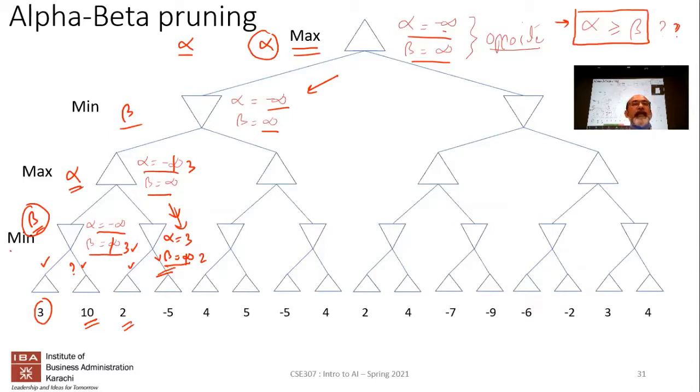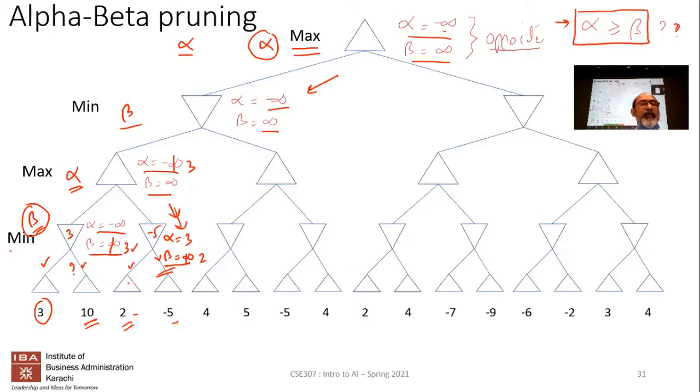Now, why did we prune this? Let's go back to the minimax algorithm. It would say that beta is selecting the smaller value between 3 and 10, so it would have selected 3 over here, and it would have selected -5 over here because it would have chosen the smaller value of 2 and -5.